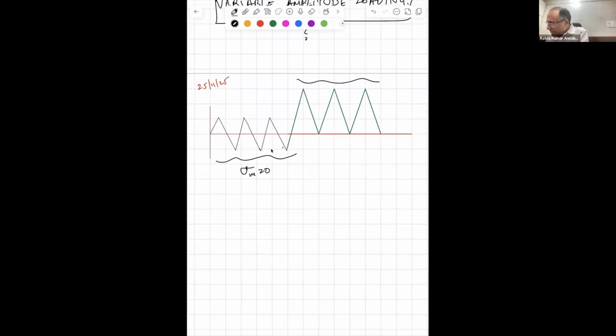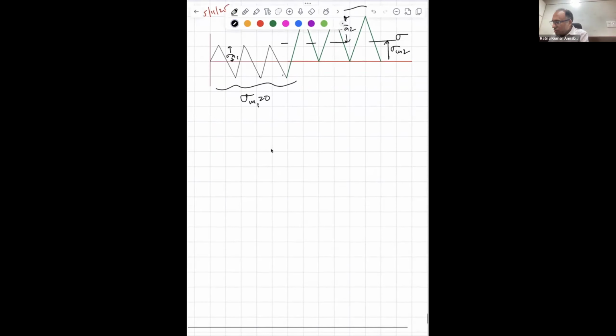For this one, this is my sigma m. So let us say sigma m1 is equal to 0. This is sigma a1, and for this, sigma a2, and that is my sigma m2. Correct? So let us say this is run for n1 cycles, and that is run for n2 cycles.